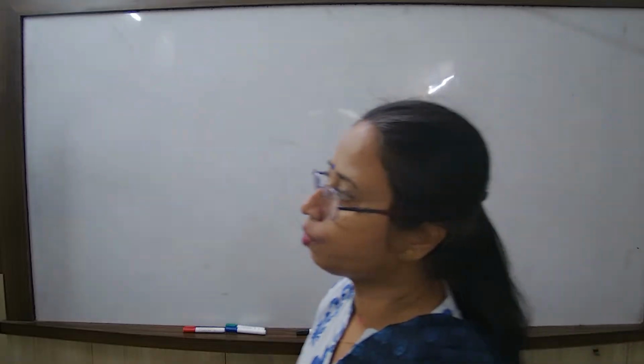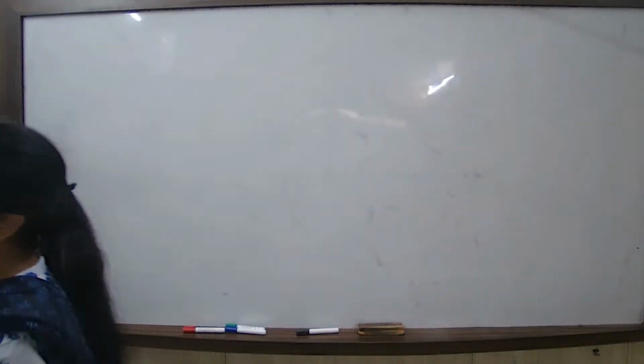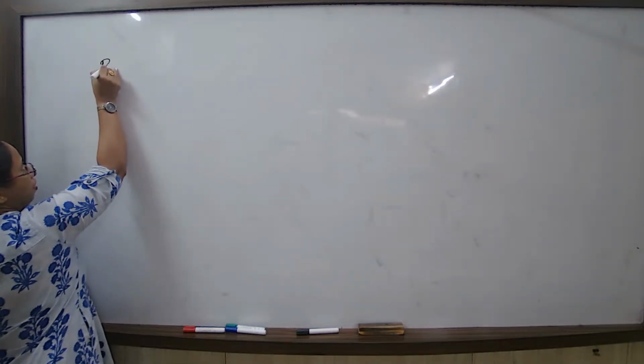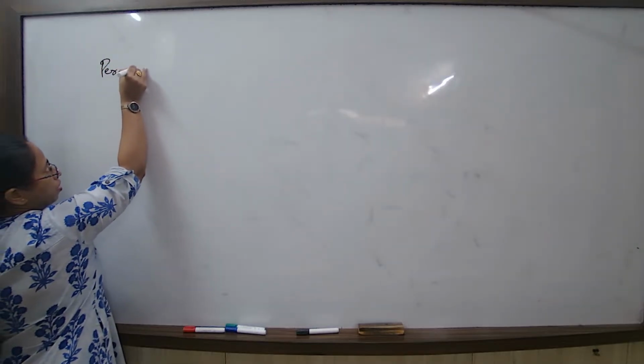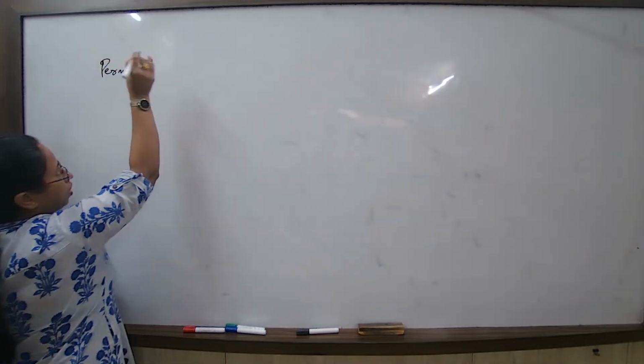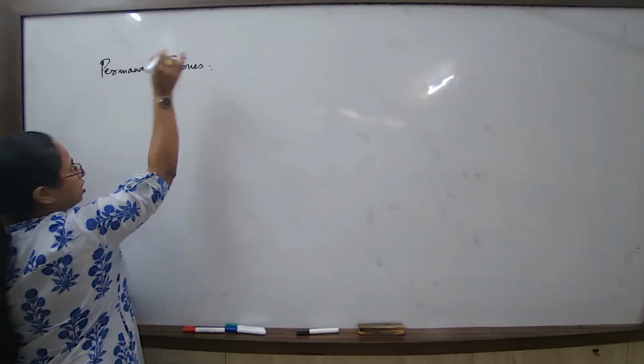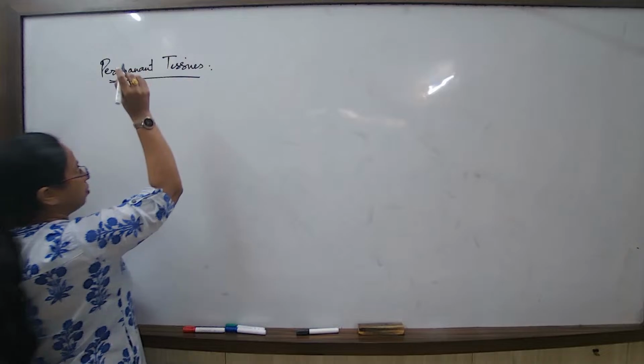Here, the first type of permanent tissues I talk about. What are some differences of permanent tissues with meristematic? What are some features to understand permanent tissues?